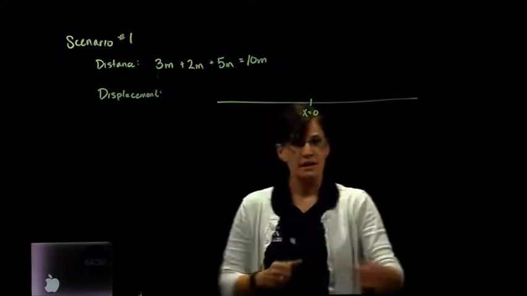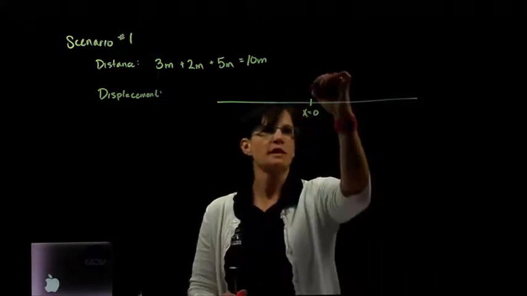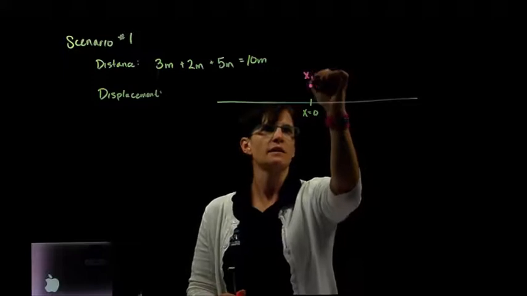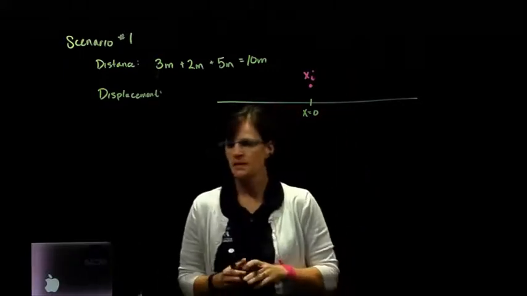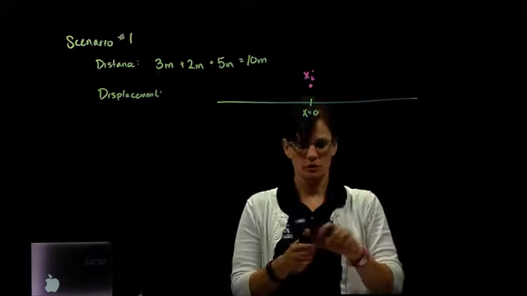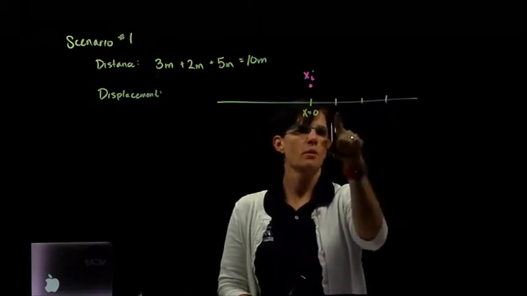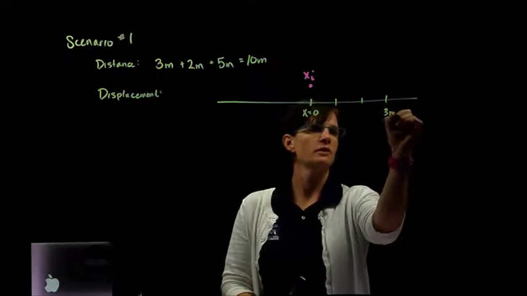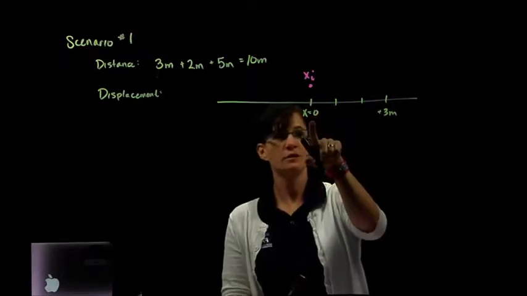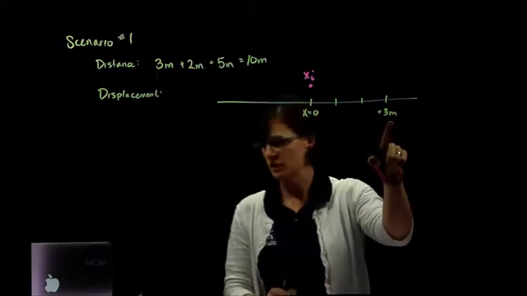The object starts at the origin, so here is its location, x initial. It moves 3 meters to the right: 1, 2, 3 meters. And if I'm at the origin, 3 meters to the right is that position, 3 meters.